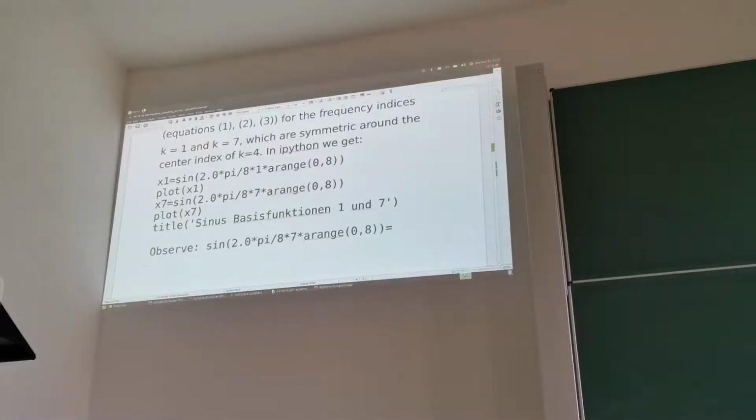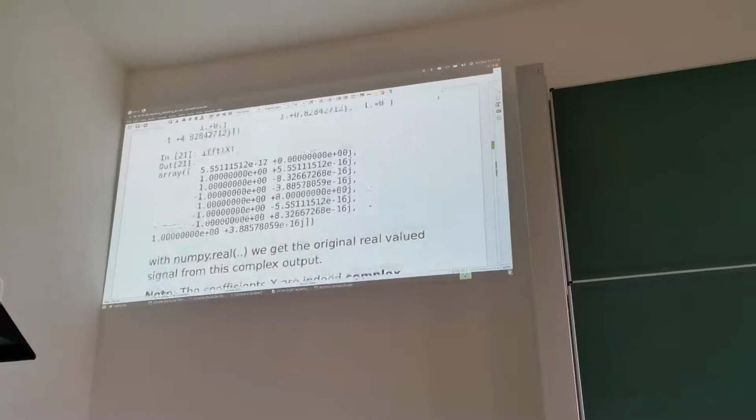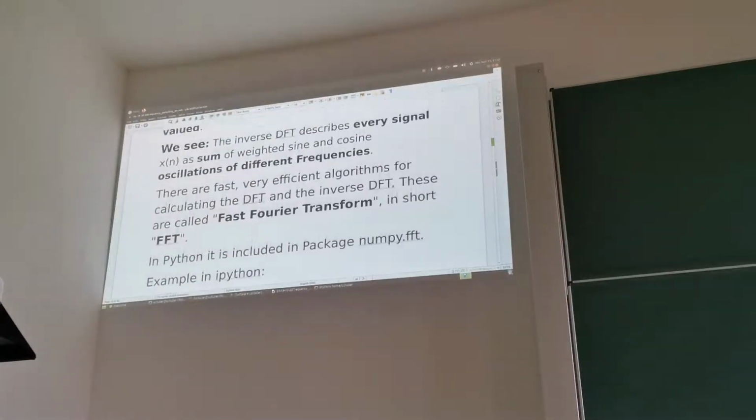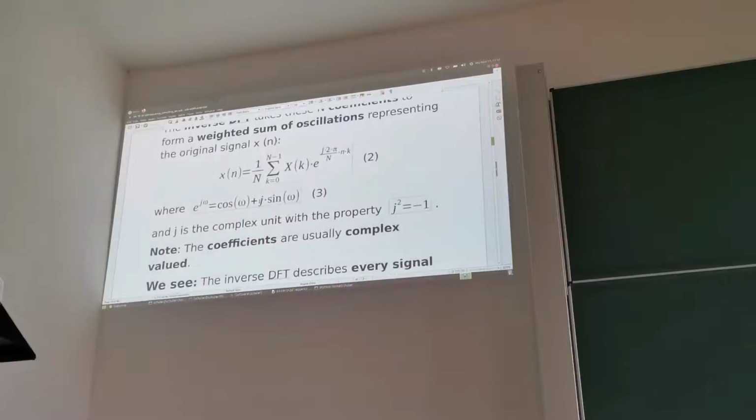So we compare it to the exponential function that the DFT uses. Here we are. I just implemented this piece here. 2 pi over N, capital N equals 8, then small n is this range, 0 to 8, and then this k is specified as either 1 or 7. Right? And we just look at this sine part.